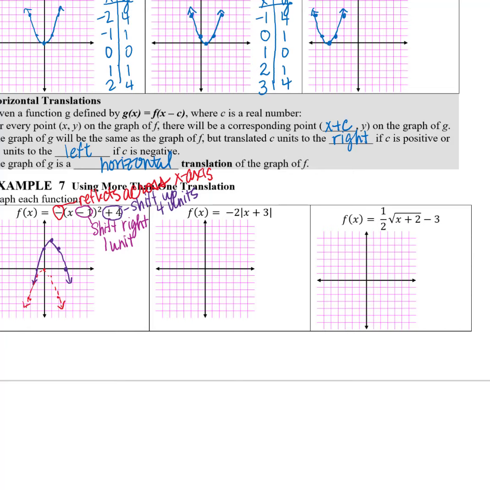For the second one, we have a -2. So that's going to do two things. The negative will reflect it across the x-axis. The 2 is going to make it steeper, so this is going to stretch it vertically.